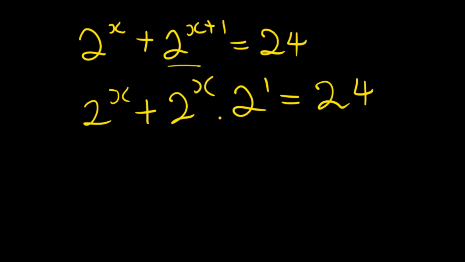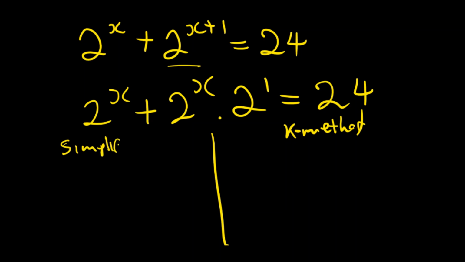You either factorize it out or you use the method of solving for k, the k method. Let's first factorize and then I'll show you the k method. I have 2 to the power of x plus 2 to the power of x multiplied by 2 to the power of 1 is equal to 24.